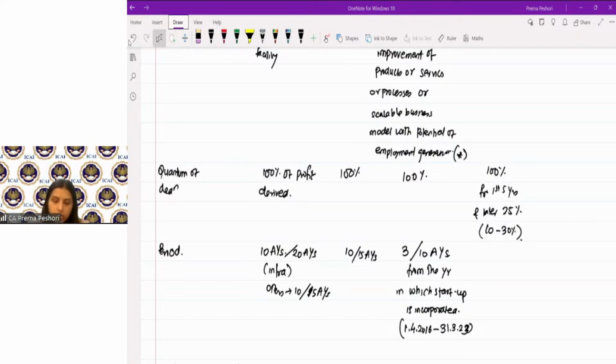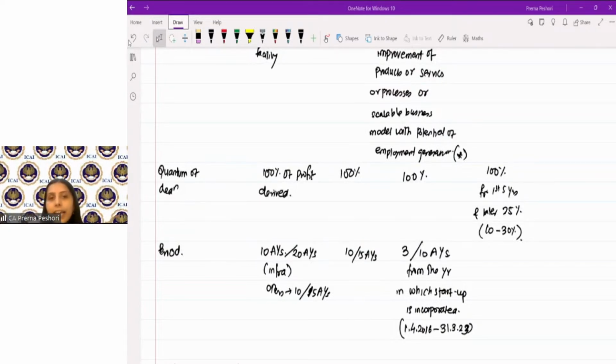Next deduction which is available is in case of 80IBA, which is for the housing projects or rental housing projects, but again that was available till 31st March 22, so not relevant as much for your particular attempt. So 80IBA we are not doing it.